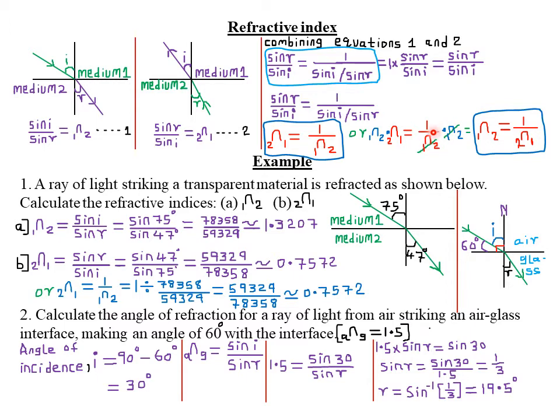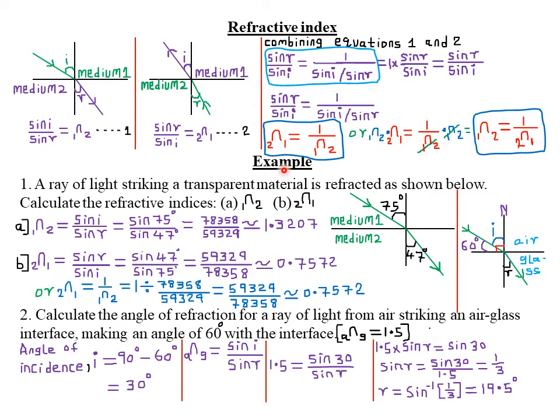Of course, the refractive index from medium 1 to 2 and from medium 1 to 2 will cancel out, so that we remain with n medium 1 to 2 times n medium 2 to 1 being equal to 1. Then if I divide both sides by n from medium 2 to medium 1, I'll remain with n medium 1 to medium 2 being equal to the reciprocal of n medium 2 to medium 1. So these particular equations can help us to compute some calculations.